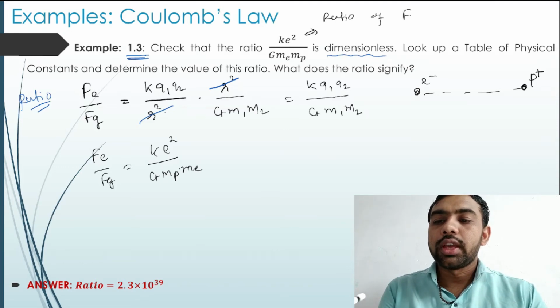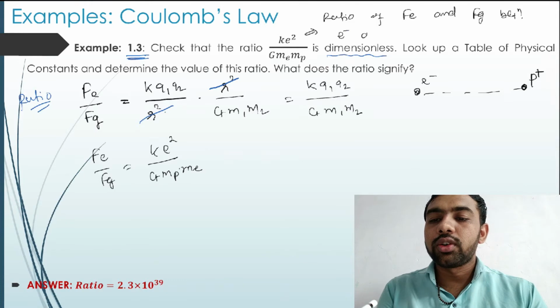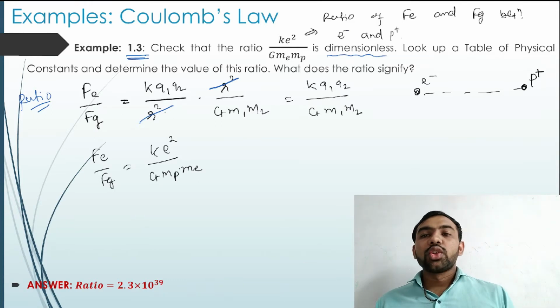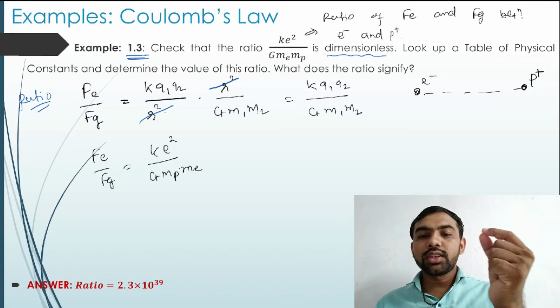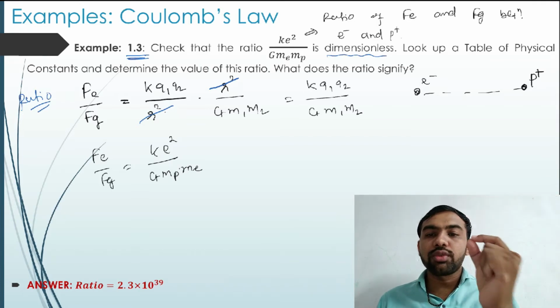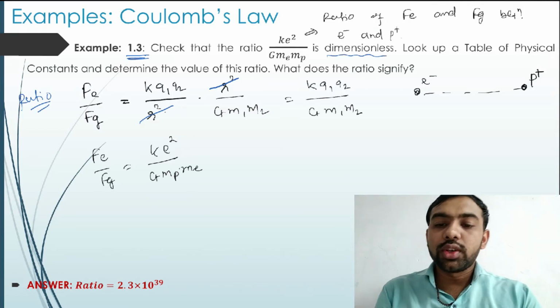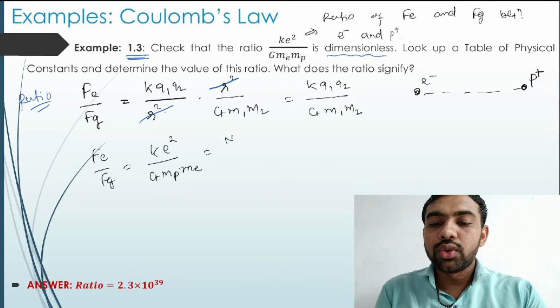The unit of electrostatic force is Newton. What is the unit of gravity force? Newton. So actually this is Newton upon Newton. It means it is dimensionless.